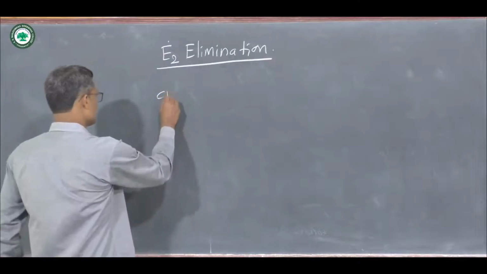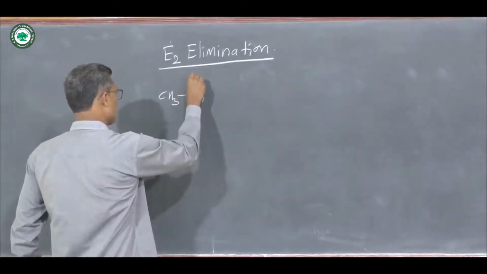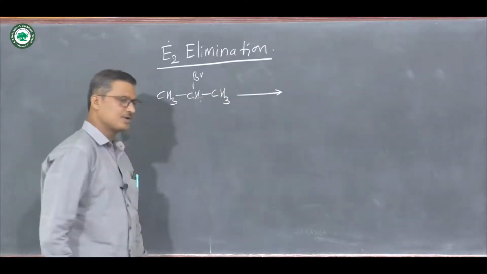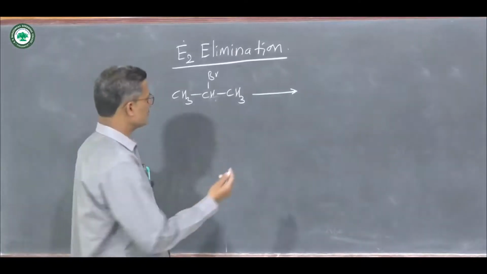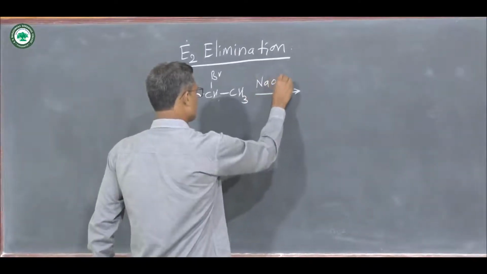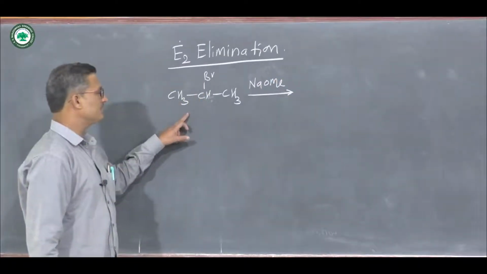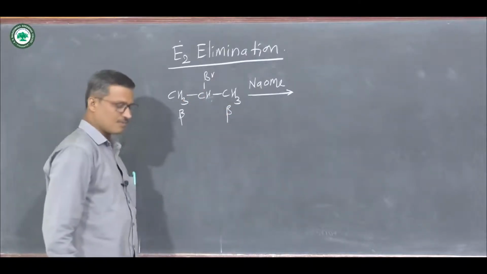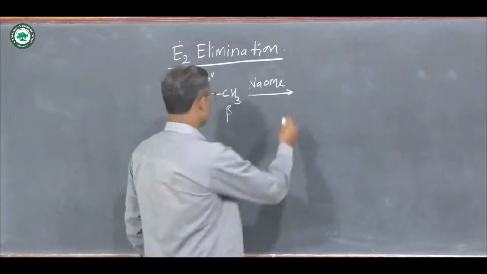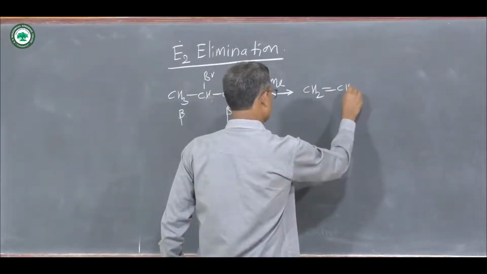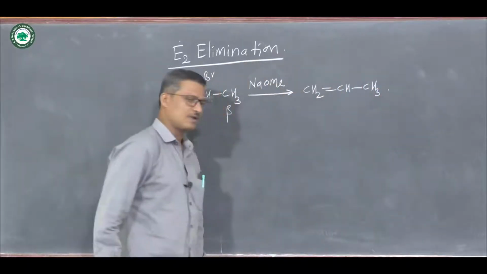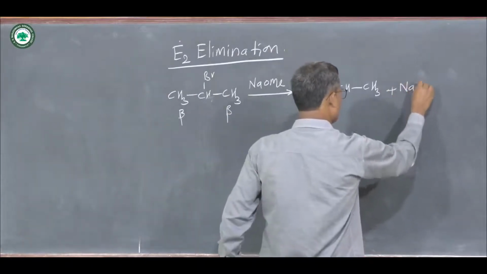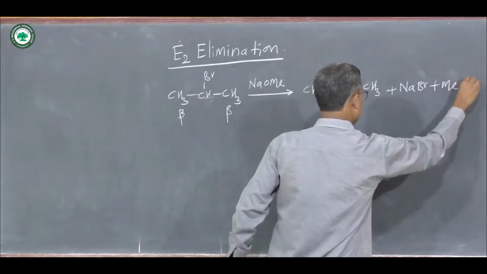So we consider 2-bromopropane here. When we treat this 2-bromopropane with a strong base like sodium methoxide, there is a beta hydrogen, this is a beta hydrogen, and in this case there is formation of a product, this one, and then formation of NaBr plus MeOH.